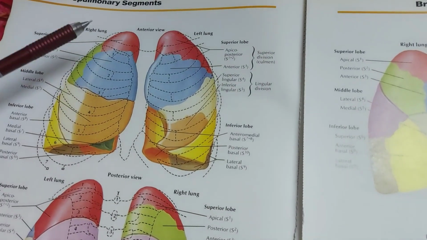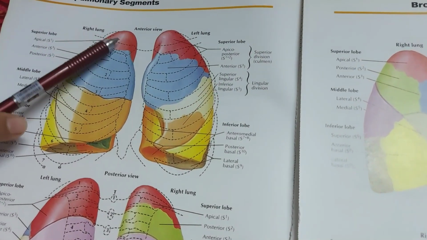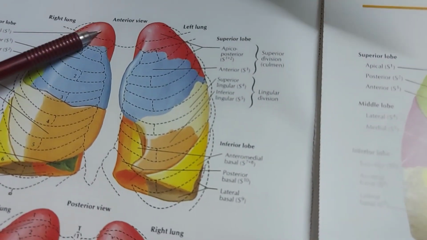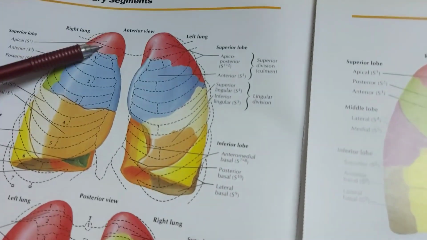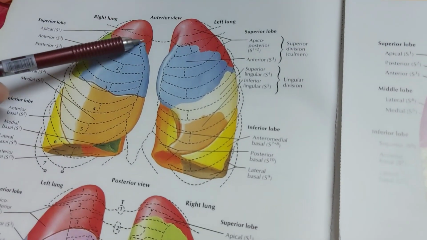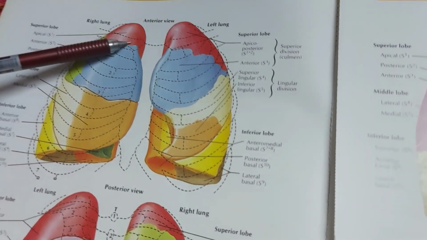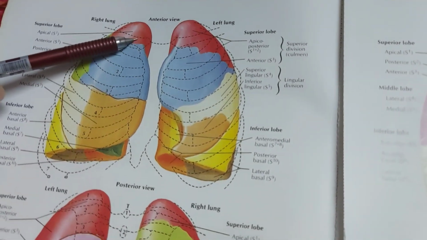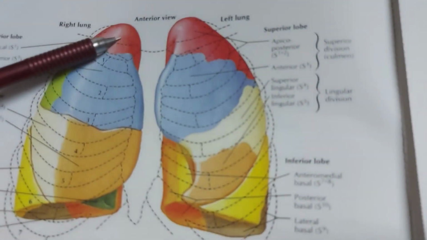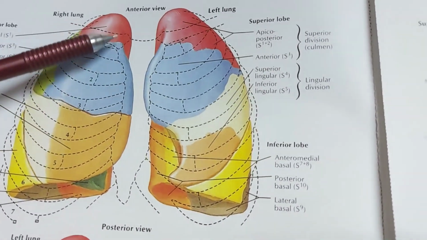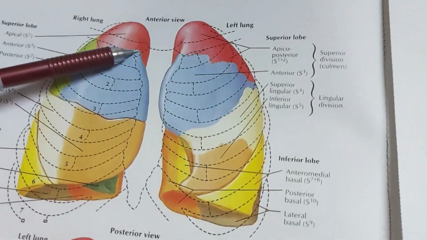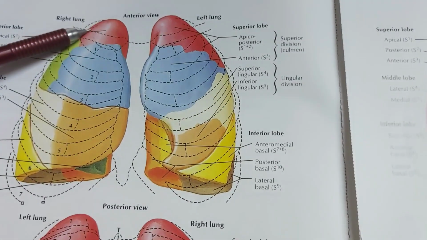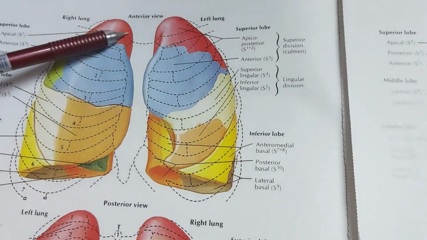But it is clinically very important that this area is supplied by a single bronchiole, that is the segmental bronchiole. If there is any infectious disease, such as tuberculosis or any respiratory infection that comes through this bronchiole, it will be distributed only through this area.